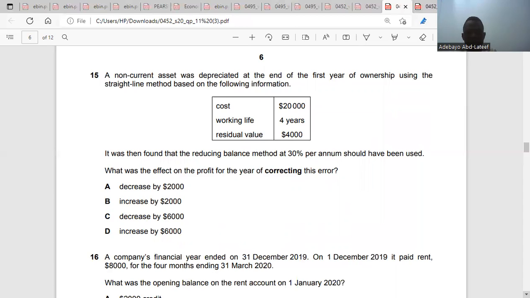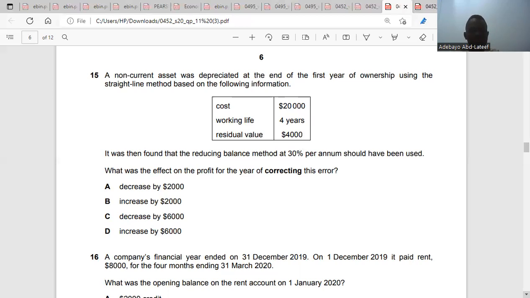So 20,000 minus 4,000 is 16,000, divided by 4 years. That's 4,000. So they used the straight line method, which gives us 4,000.